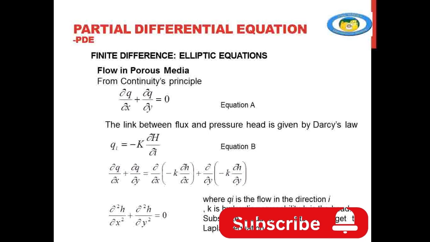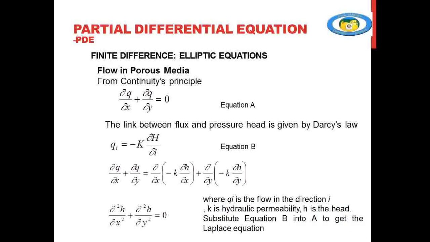So the second partial derivative of the hydraulic head along x plus the second partial derivative of hydraulic head along y is equal to 0 at equilibrium, from the continuity principle. You can easily derive that from Darcy's law. Using the continuity principle, you can easily derive this Laplace equation.